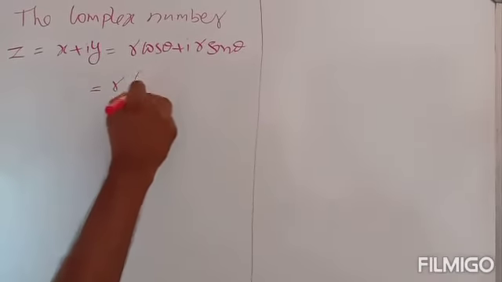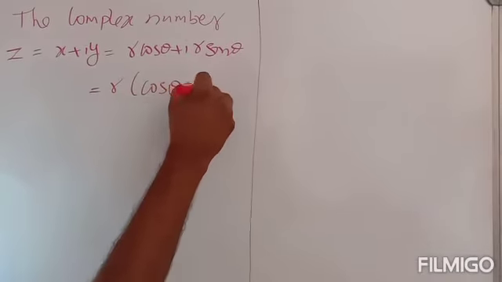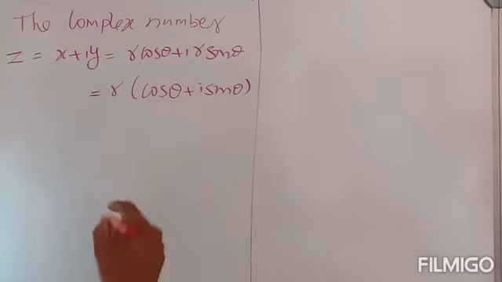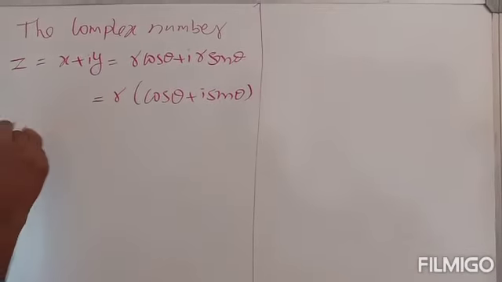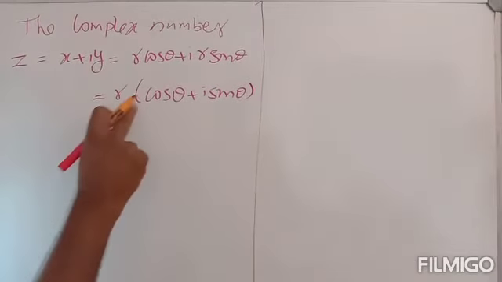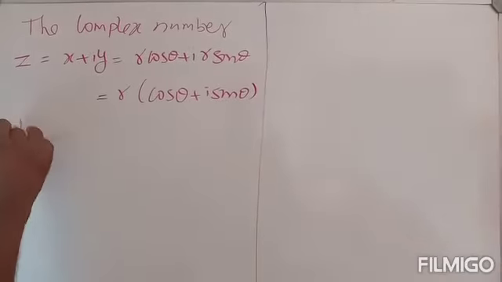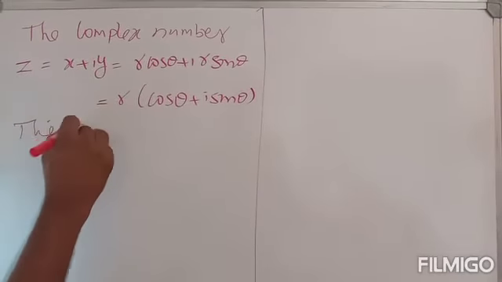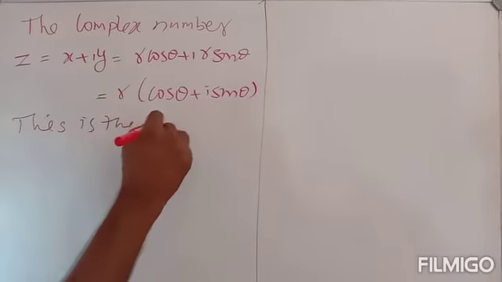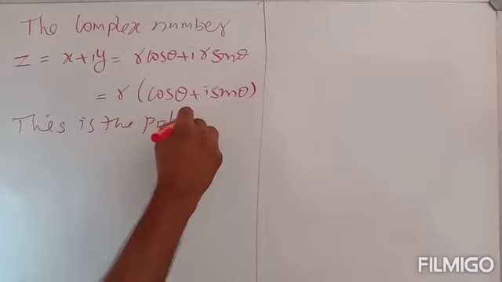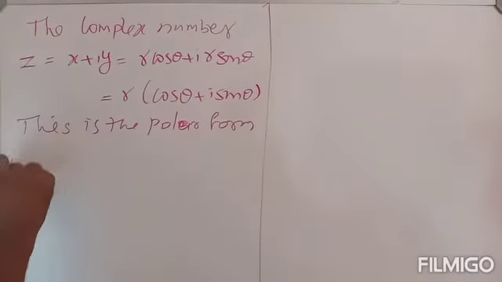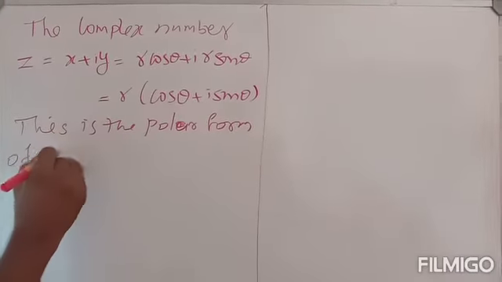That gives x plus iy equals r(cos theta plus i sin theta). This is the polar form of the complex number z.